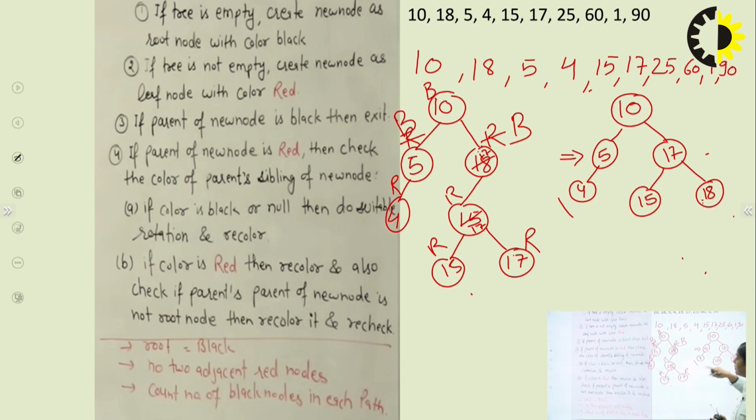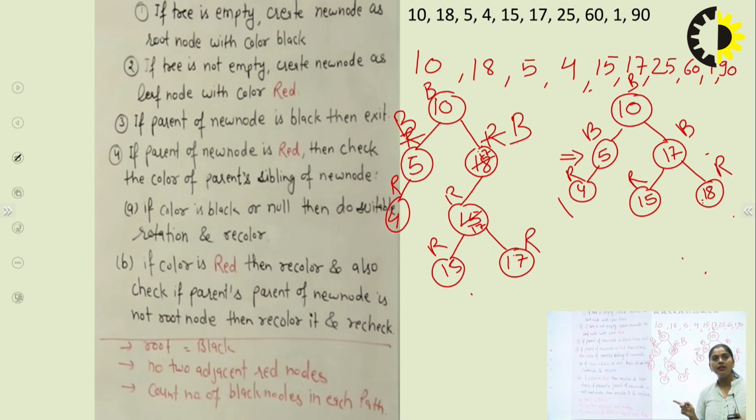The color is changed. See, if the rotation is done, then the color is changed. Then the color is what? Red becomes black, and it becomes red. This is the color black, this is the color black, this is the color red.